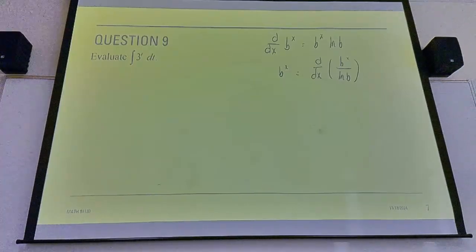That's the definition of an antiderivative. B to the x is the derivative of b to the x over log of b, which means b to the x over log of b is the antiderivative.